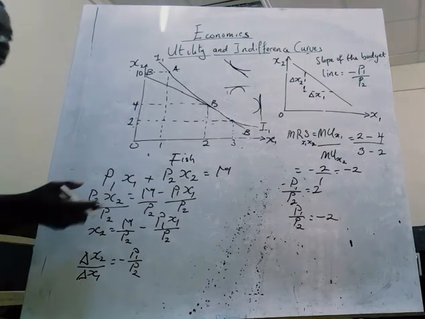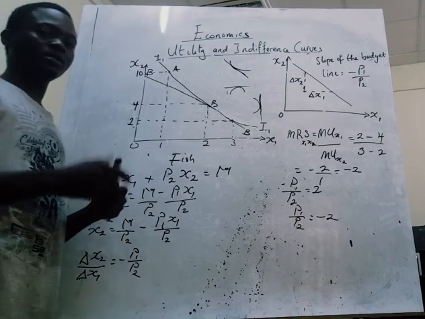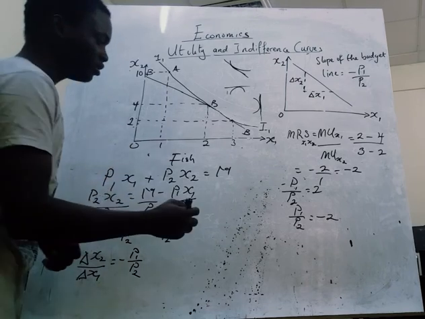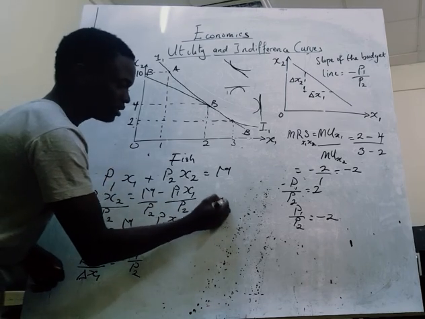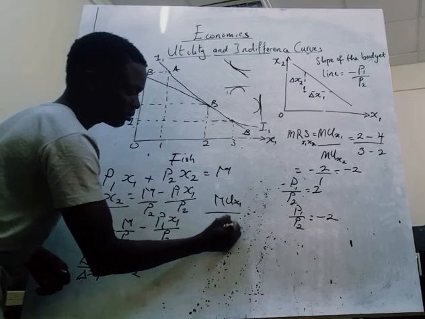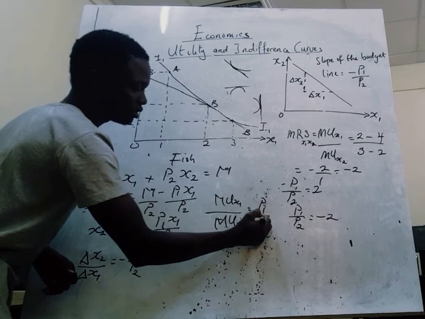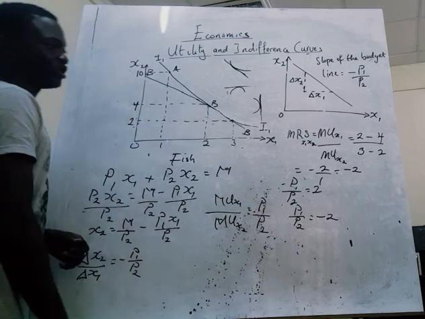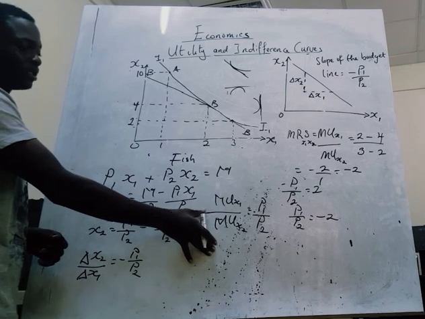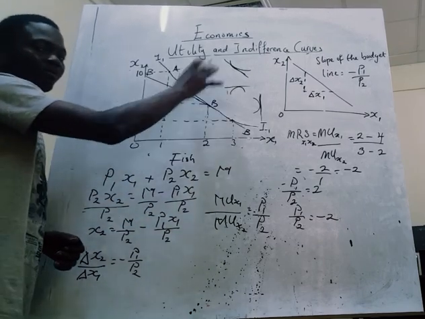So this is what we have, and that is why there's a general conclusion that a consumer maximizes his or her utility when the ratio of the marginal utilities, MU x1 divided by MU x2, is equal to the ratio of the relative prices. This is where this condition emanates from, from everything we've been discussing.